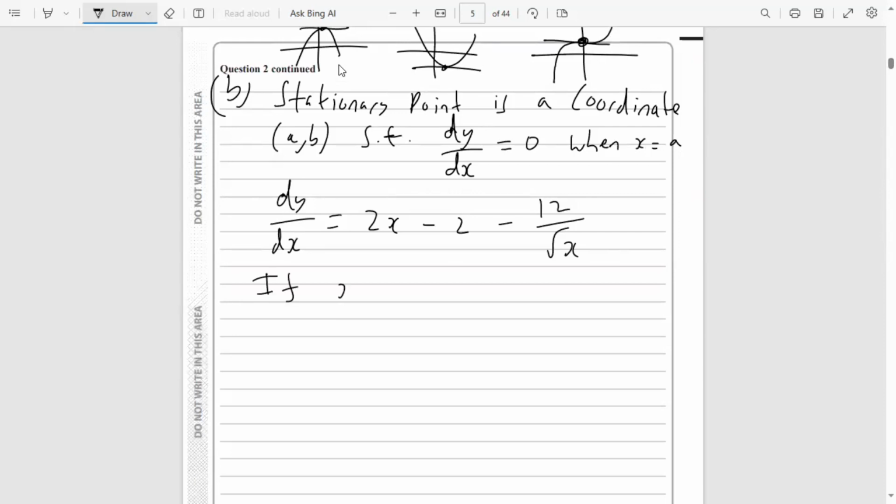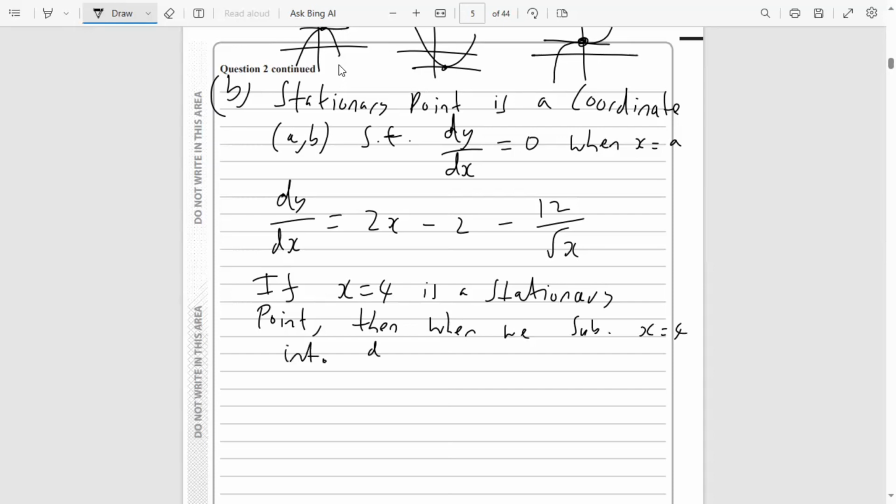If x equals 4 is a stationary point, then when we sub x equals 4 into dy by dx, we need to get 0.